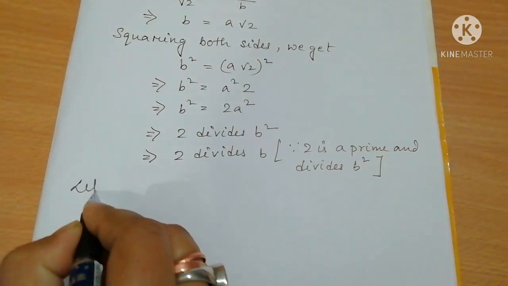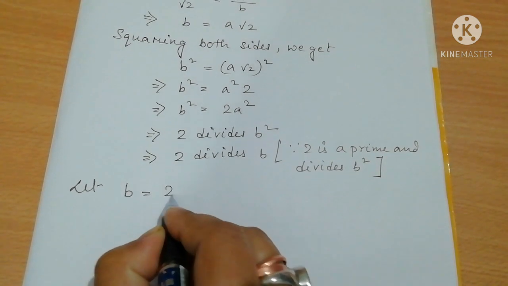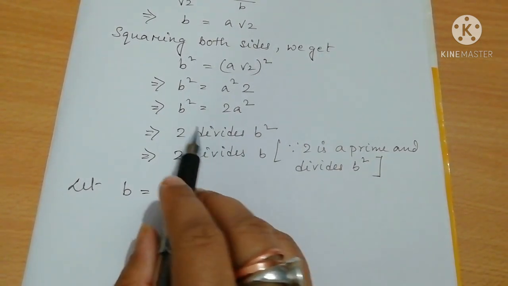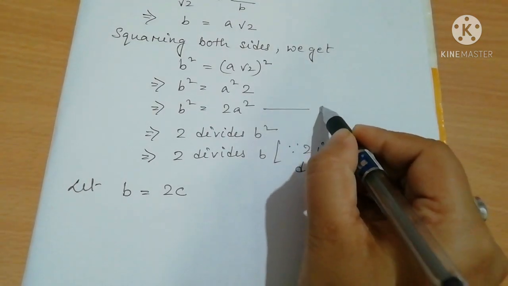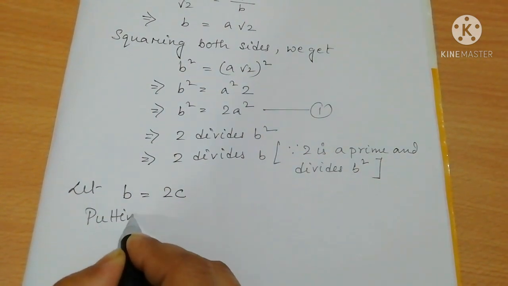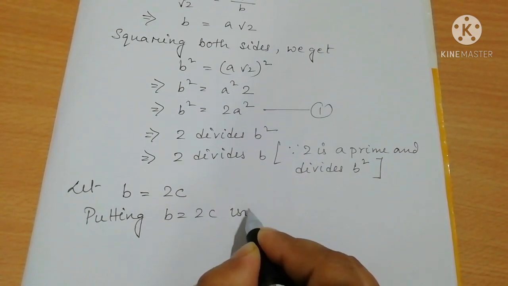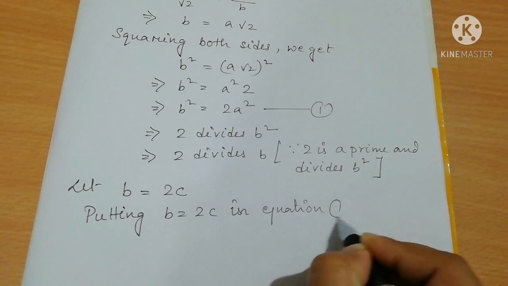So let b equal to 2c. We need to consider this equation as equation 1. So now putting b equal to 2c in equation 1.